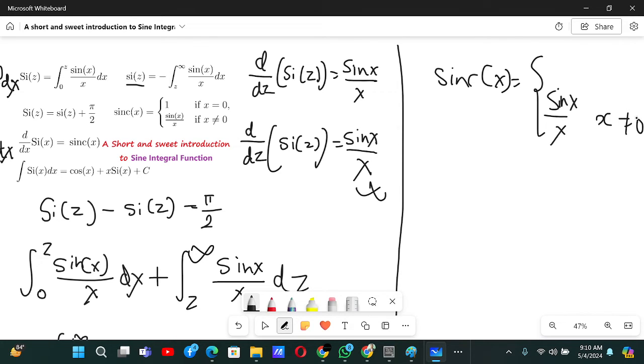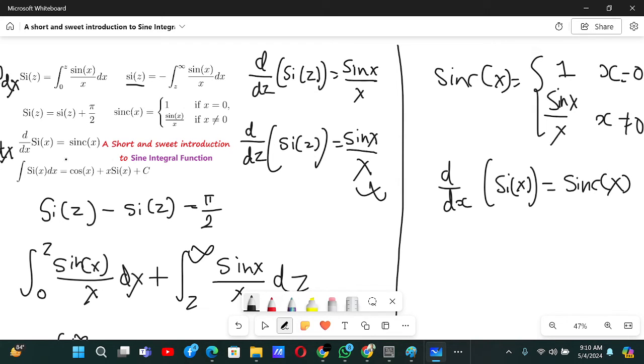If it equals 0, we use the limiting value, which is 1. If we define it like this, it will be defined at all points, so we can also write the derivative of capital Si of x as the sinc function.